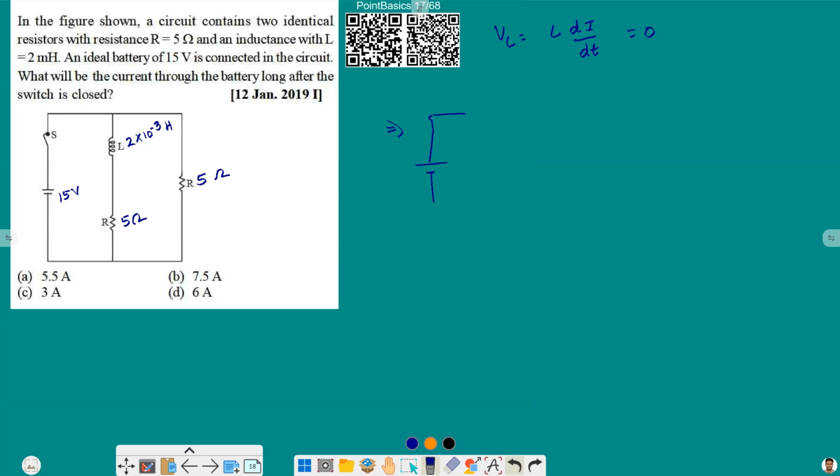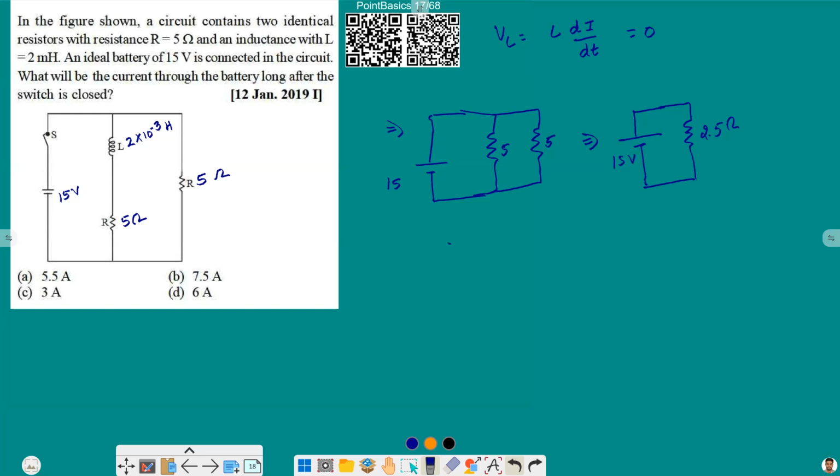We have a battery here, a resistance of 5 ohm here, and another resistance of 5 ohm here. 15 volt battery, 5 ohm resistance, 5 ohm resistance. As both of these 5 ohms are in parallel, they will give us a combined resistance of 2.5 ohm. So our final circuit will be something like this, 2.5 ohm with the 15 volt battery.